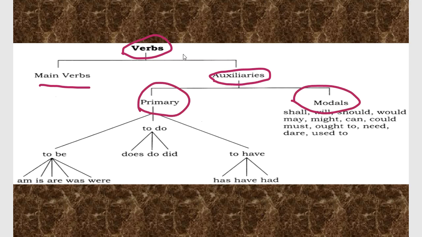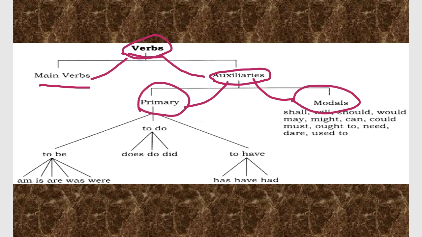So, children, understand clearly. First, the verbs can be divided into two: the main verb, and the auxiliary verbs or helping verbs. Then the auxiliary verbs again can be divided into two: the primary auxiliary verbs and the modal auxiliary verbs. Till here it's clear, I hope so.